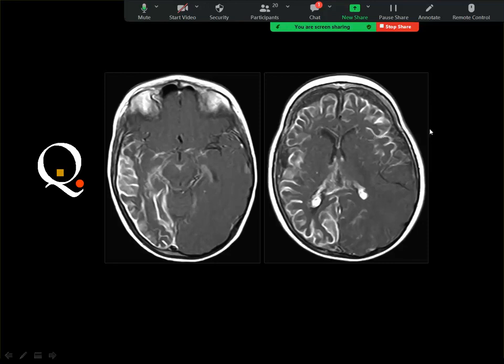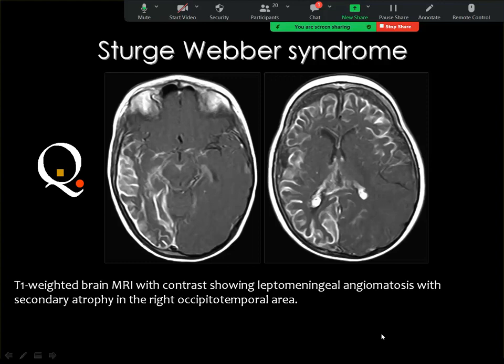One of the well-known criteria for this disease is homogeneous enhancement and enlargement of the choroid plexus on the side of the lesion because of hypervascularity going to the choroid plexus. Recently it was reported that even the opposite choroid plexus can also show hyperenhancement and increase in its volume. This is Sturge-Weber disease or leptomeningeal angiomatosis.